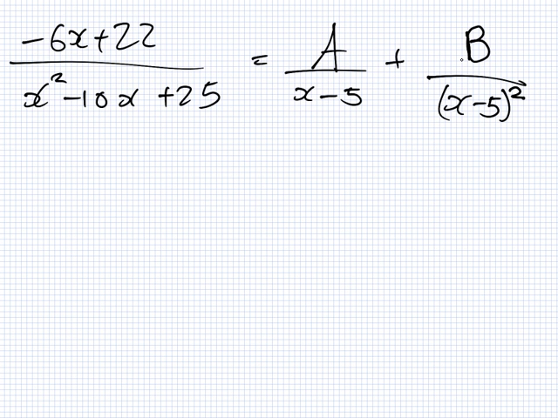The denominator is not cubic because to add these together you just have to multiply the top here by x minus 5 and the bottom here by x minus 5, making the bottom a quadratic, exactly the same as this, and the top a linear.